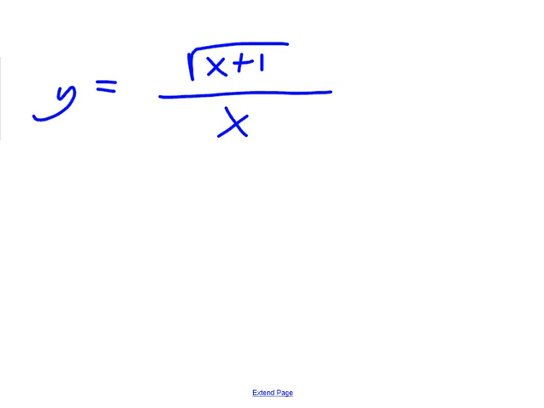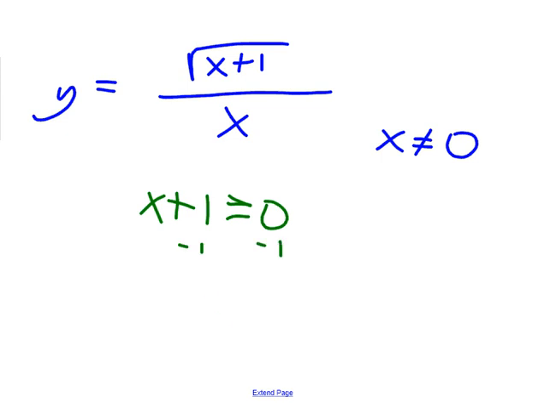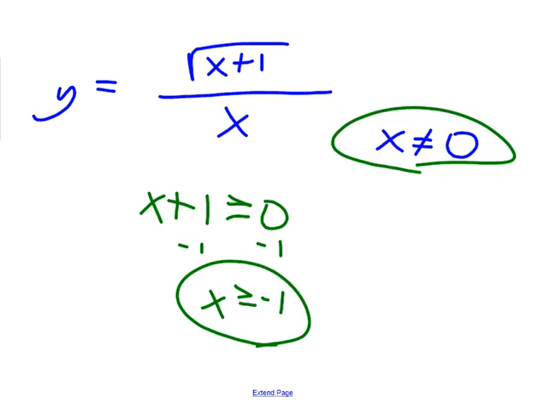You can't have a 0 down there. So x cannot be 0. And the other thing is that x plus 1 needs to stay bigger than or equal to 0. And then you can solve that. X has to be bigger than or equal to negative 1. Two problems. Now remember, a domain is what would work.